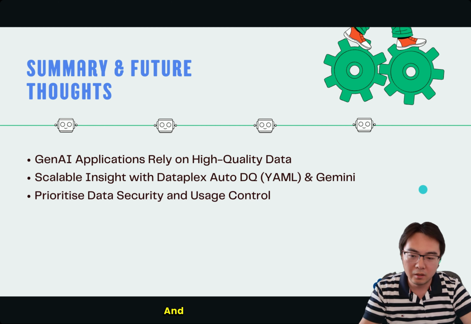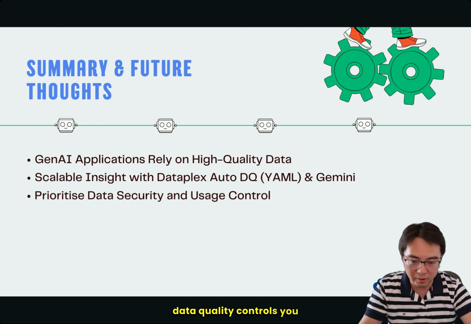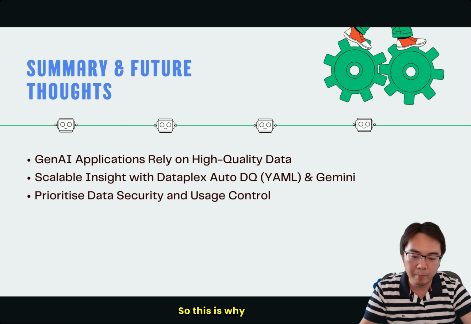And it is important to always consider data security and usage control, because I see some organizations just get a tool, plug it in, and it works for them. But I think it is important to understand the risk as well, if you just give a third-party tool full access to all of your data, because in order to do data quality controls, you have to do that, right? Based on the discussions I've had recently, many organizations are not comfortable with that.